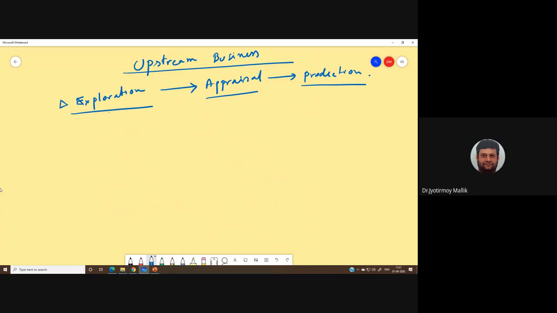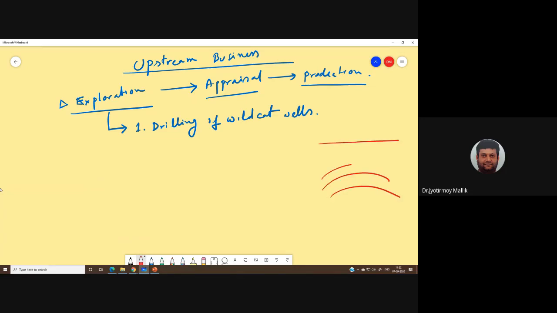Exploration generally involves drilling of wildcat wells. And by drilling wildcat wells, you actually prove that, yes, under this reservoir, say at a depth of 3,000 meters, I have oil and gas.